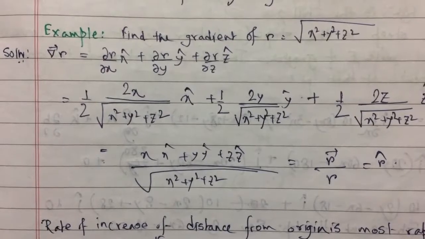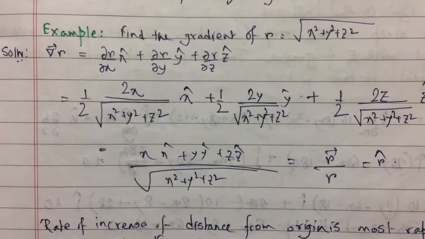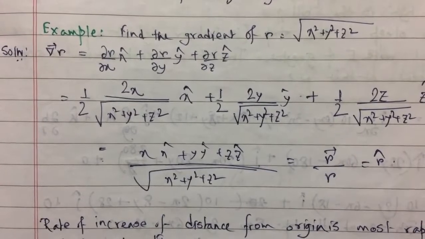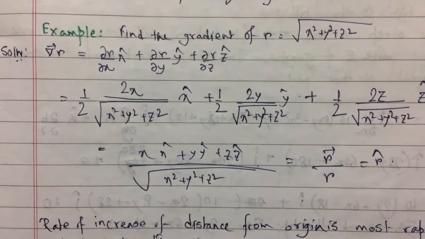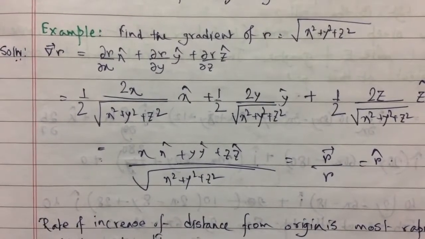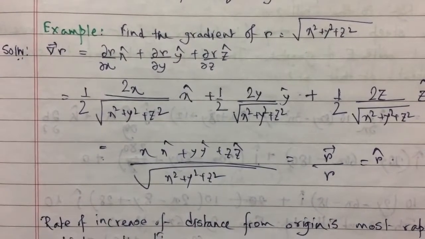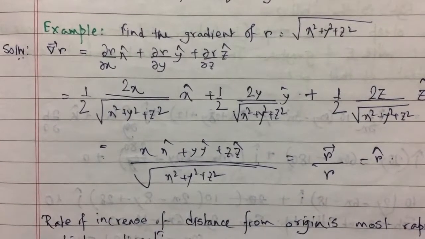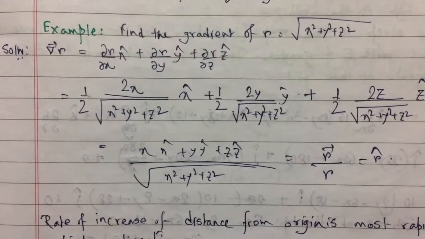That is standard. So if we want to make the gradient, now gradient is always of a scalar, so if we want to make gradient of R, we could have del R del x x cap plus del R del y y cap plus del R del z z cap.